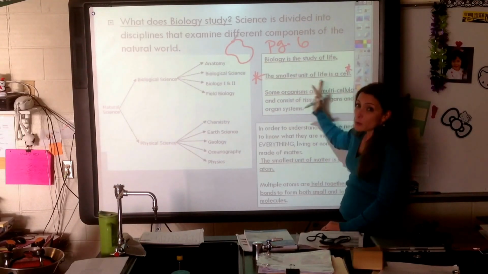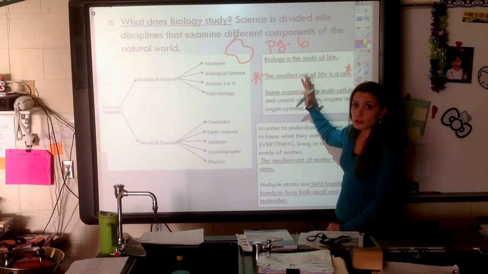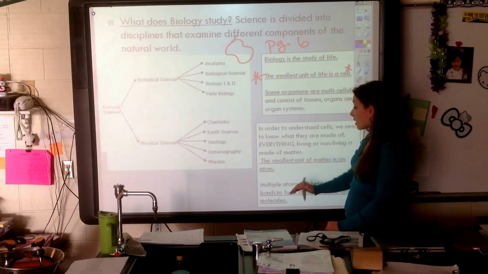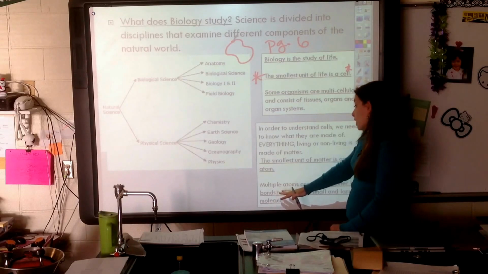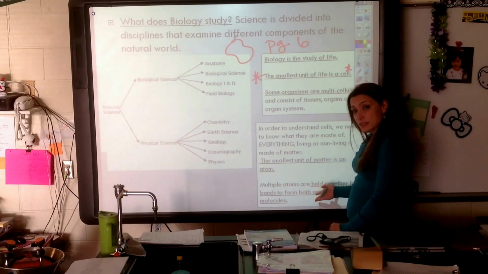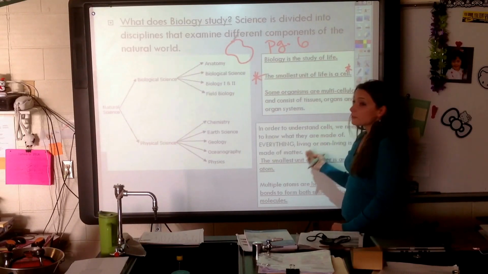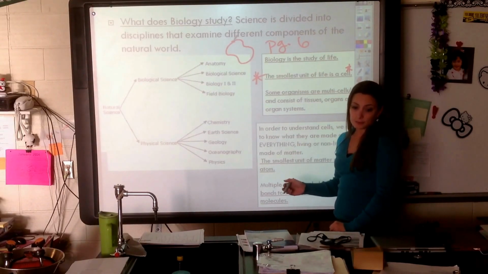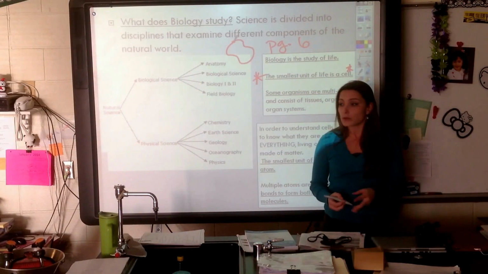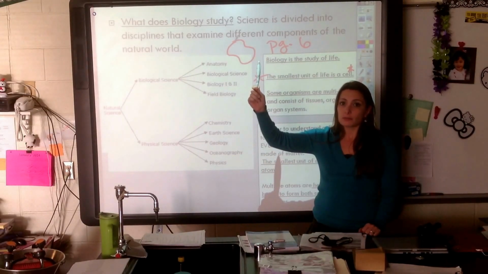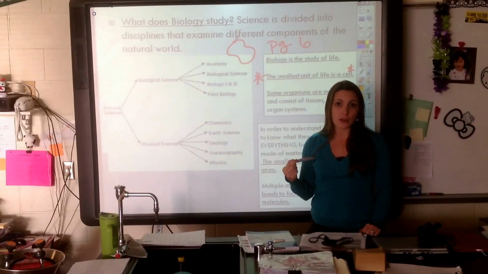So, before we can get into learning about cells, we want to make sure that we really know what molecules are. Molecules are multiple atoms held together, but what are atoms? Atoms are the individual units of matter. So what's really cool is that this pen is made of matter, and I'm made of matter.